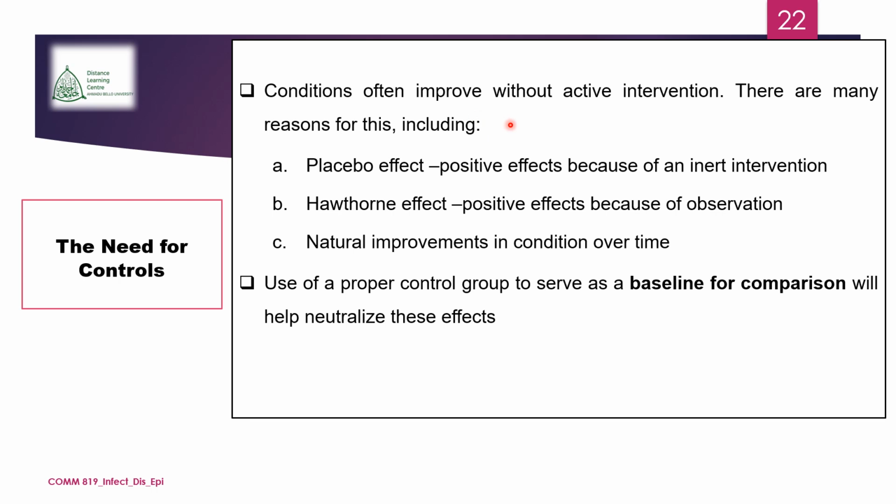Some diseases or some ailments, without even any intervention, they just go. You understand? So to actually decipher or confirm that it is the intervention that's actually carrying out the effect, we need to have a control. Okay, and this is because of certain reasons.